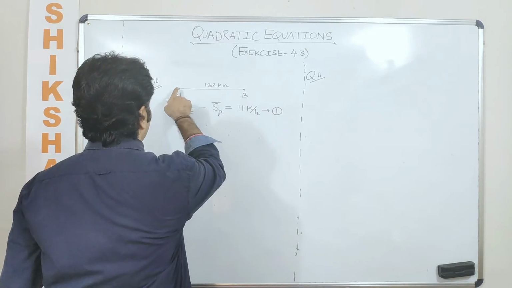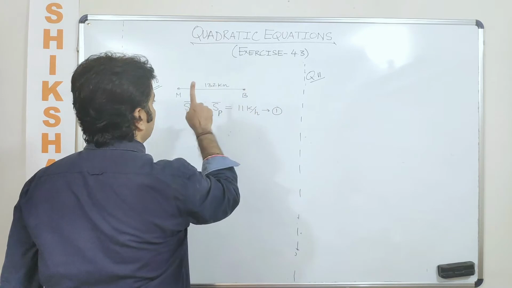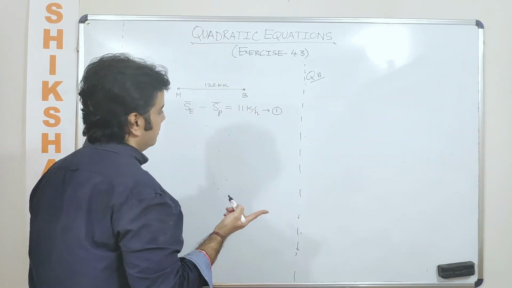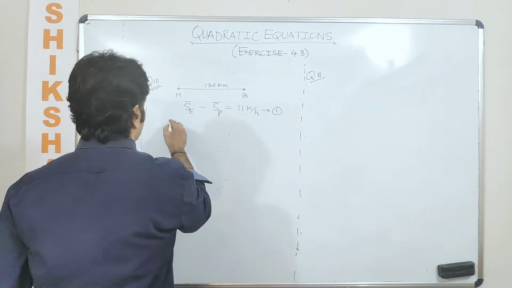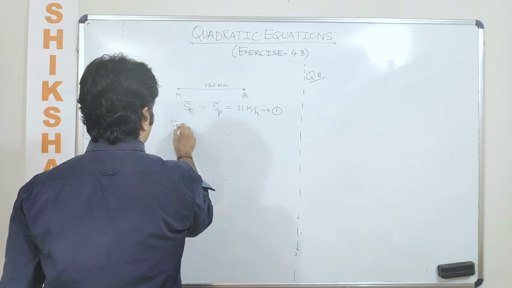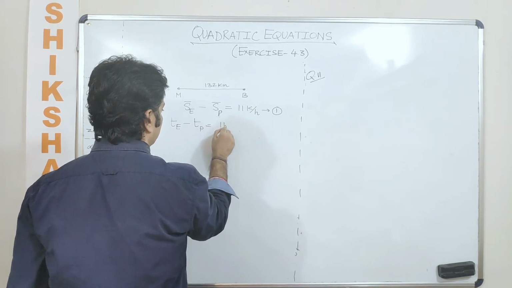So when the express train travels from here to here, it takes 1 hour lesser than the other train, which is the passenger train. Okay. So what do we do? Let's say the time taken by the passenger train minus the time taken by the express train is given to you as 1 hour.